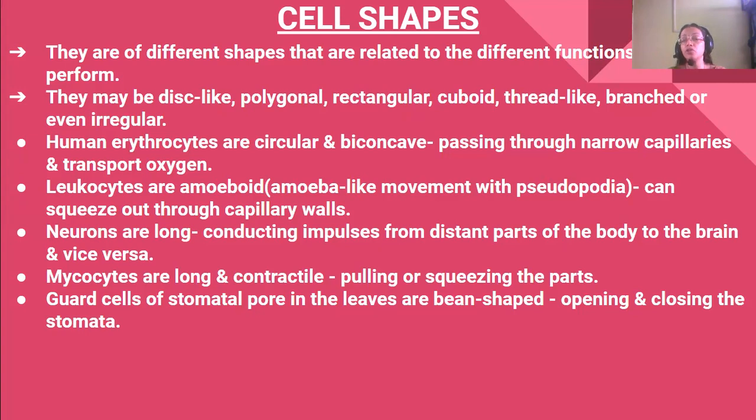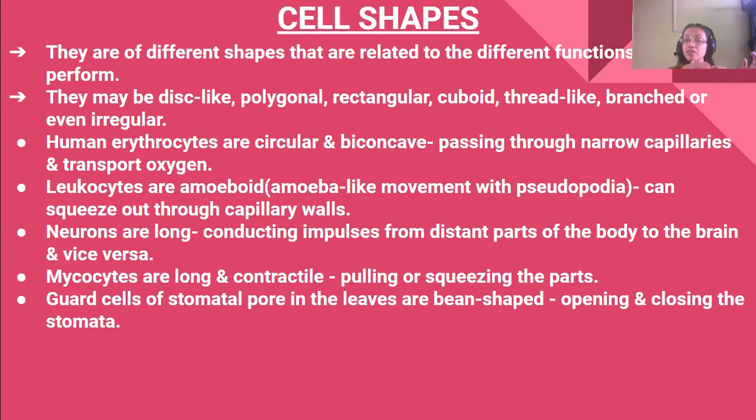Like human erythrocytes are circular and biconcave. Why? Because they can pass through the narrow capillaries and transport oxygen to the different organs very easily. You have studied earlier that the erythrocyte carries oxygen.